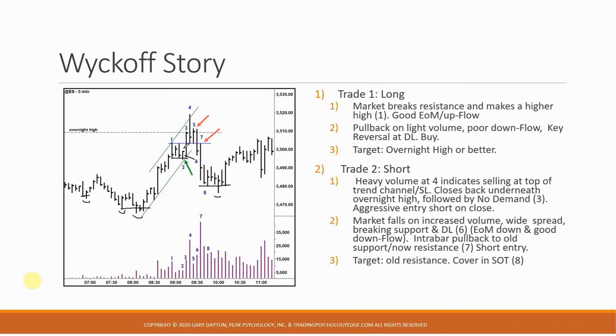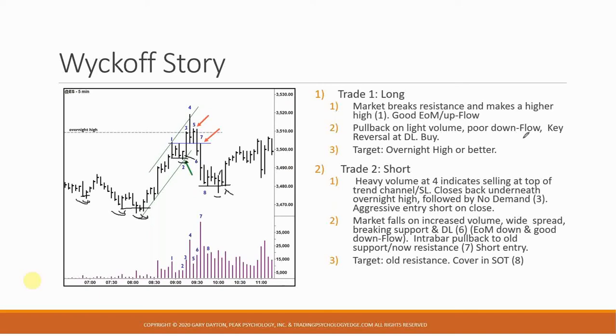I like it when they close right on the highs, but this is good enough. That's the idea: lower prices, lower prices, lower prices for that moment get rejected, and we rally up and close firm. This also happens to be a spring, and so does this, but these are key reversal bars.